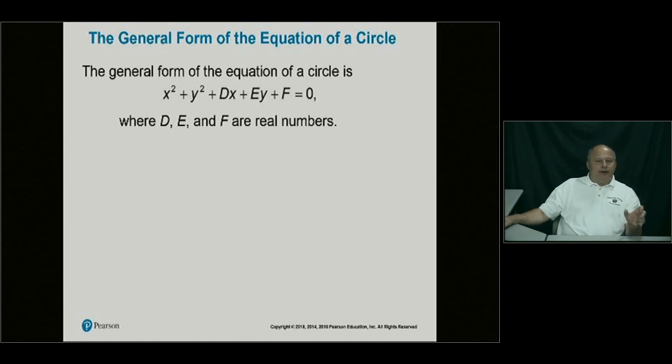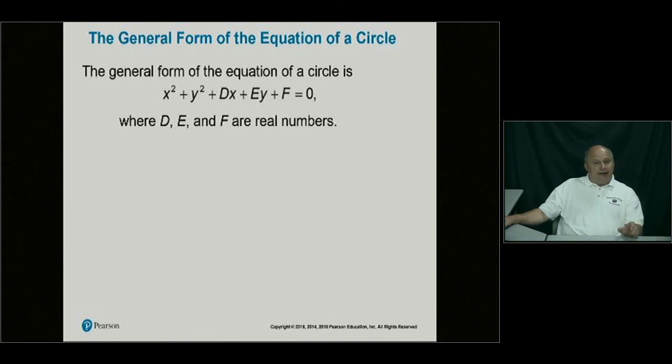Because when you have an equation of a circle, the things you're going to want to know are the center and the radius. You're like, why would you want to know those? Because you're going to eventually want to graph these things. So in order to identify the center and the radius, you're going to have to put it in standard form.